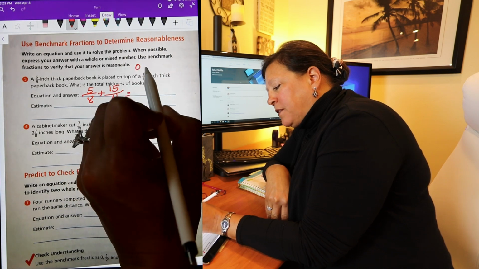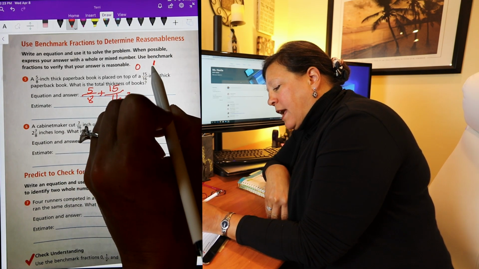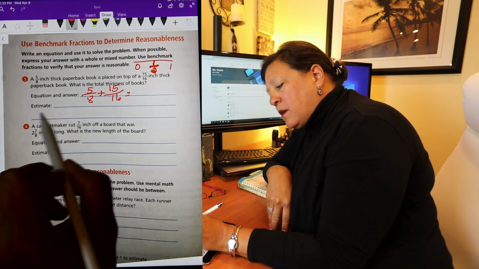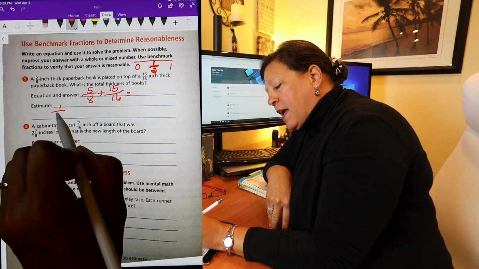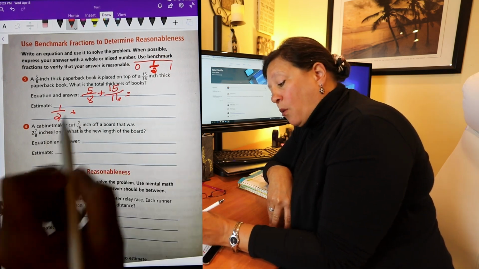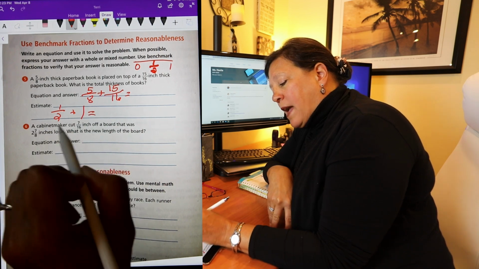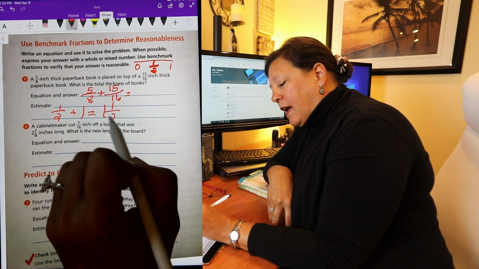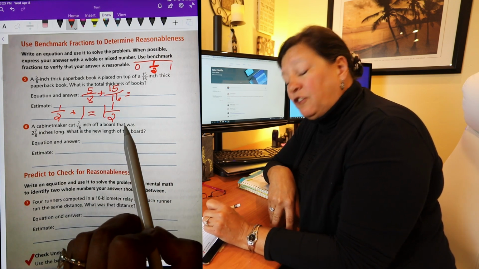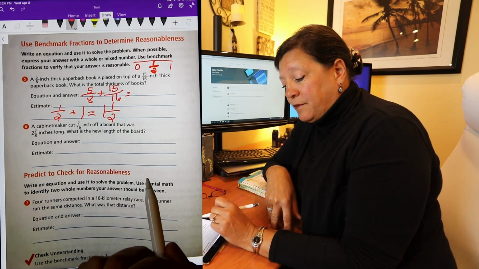Remember, our benchmarks are 0, half, or 1. How close are you? So 5/8 is close to a half, and 15/16 is almost a whole. A half plus a whole is 1 1/2. So when you get your answer for this problem, it should be pretty close to 1 1/2.